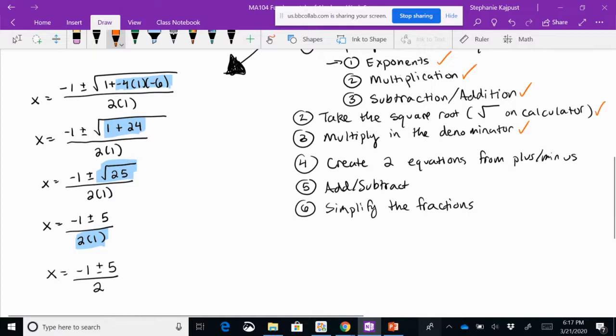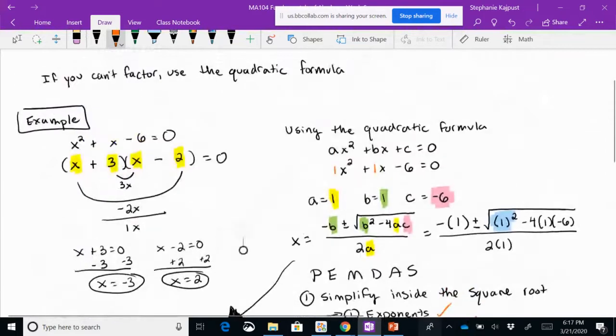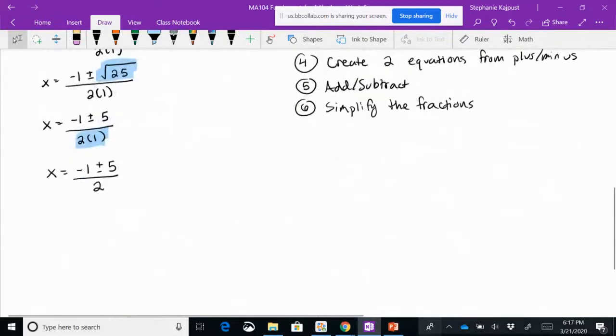Now this is where the plus or minus thing comes in. Create 2 equations from the plus or minus. So a quadratic equation has an exponent of 2, and that means we should have 2 answers. And we combine those answers using the plus or minus. What that means is that we have the same equation with the plus and then the same equation with the minus. So, one equation, I write this with a plus sign, -1 plus 5 over 2.